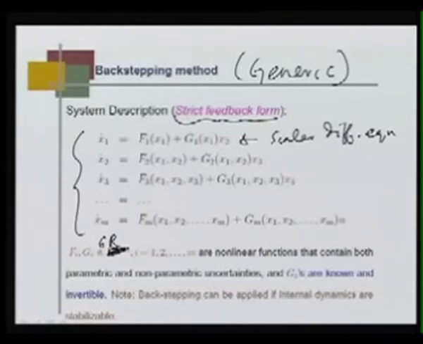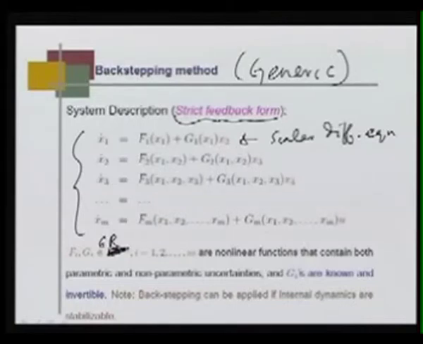Note that backstepping can be applied if the internal dynamics are stabilizable. That is, if each individual subsystem is stabilizable, then we can design a backstepping control for this particular form, which is called strict feedback form.